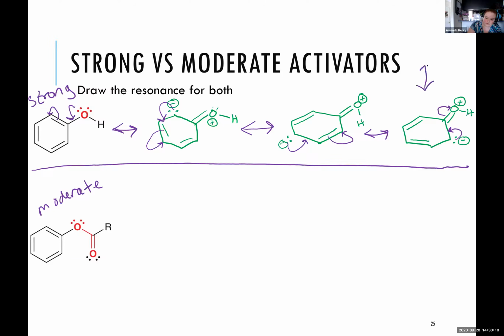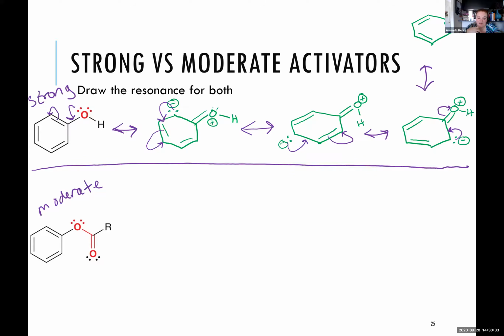And I'm going to draw my last structure up here just to put it out of the way for our second one. So again, that's the part that didn't change. I have a new pi bond right here, and then I have my two lone pairs on my oxygen.